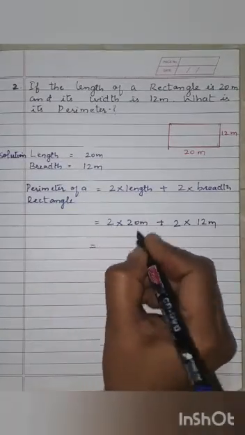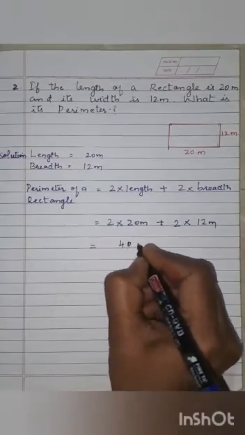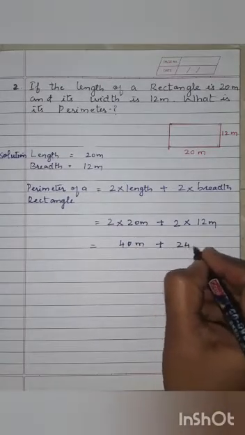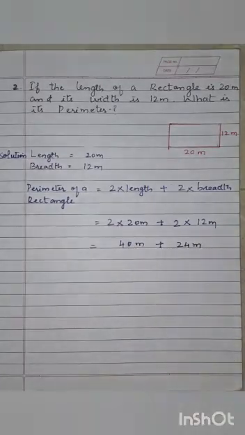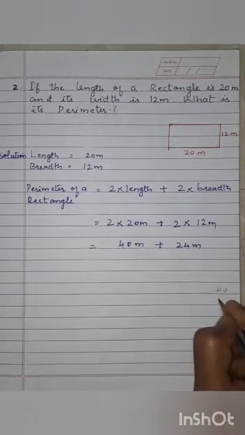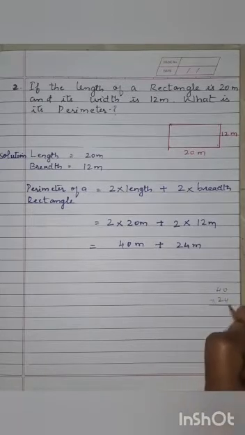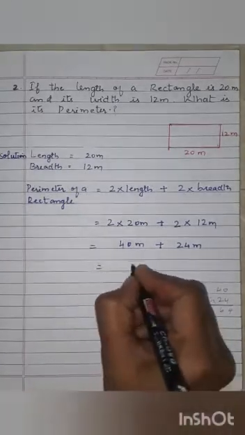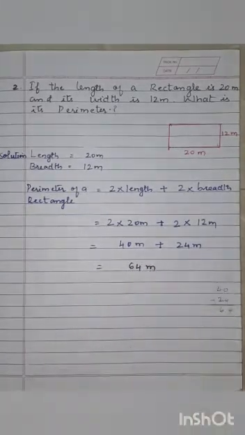Now 2 twenties is how much? It is 40 meters plus 2 twelves is 24 meters. So when we add here, it is 40 plus 24. How much, children? It is 64 meters.